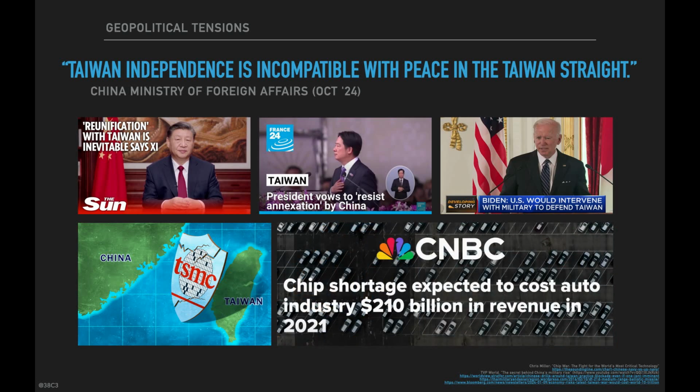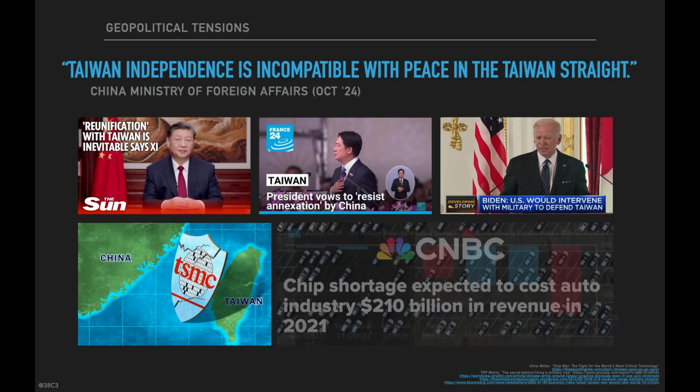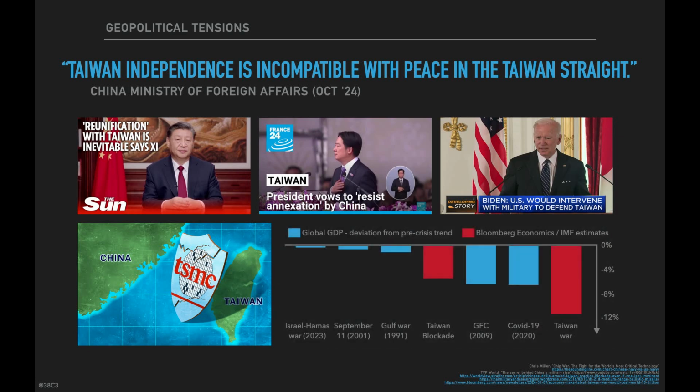For example, you may remember the chip shortage during COVID that, by estimates, cost the car industry about $200 billion, and that was a relatively localized chip shortage. There are estimates that show that a blockade of Taiwan would cause a drawdown in world GDP on the scale of the global financial crisis or COVID-19, and an outright war between China and Taiwan would roughly double that.